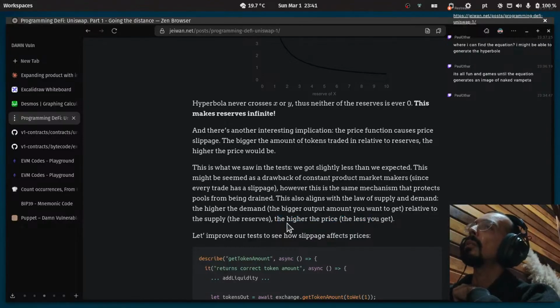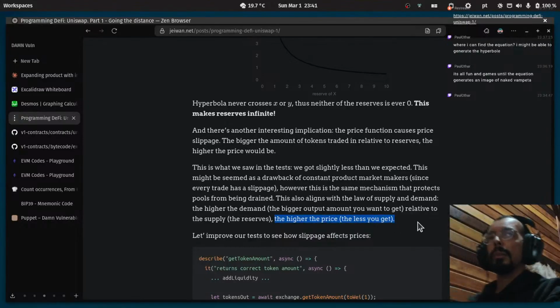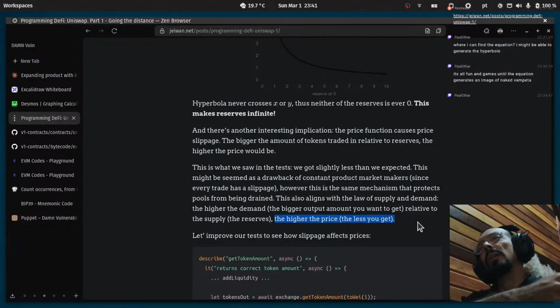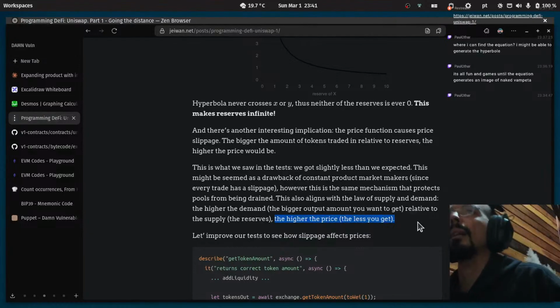Yeah, it's small reserve. You're gonna have a higher price. So that's aligned with supply and demand. Because there are fewer reserves for the token you're taking, the price is gonna be higher.